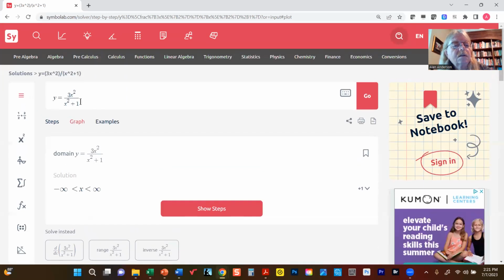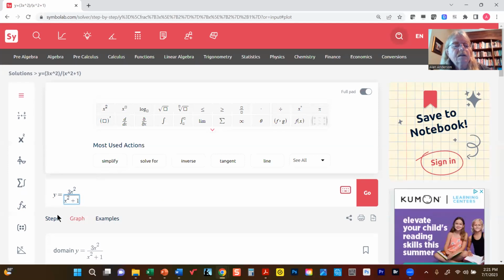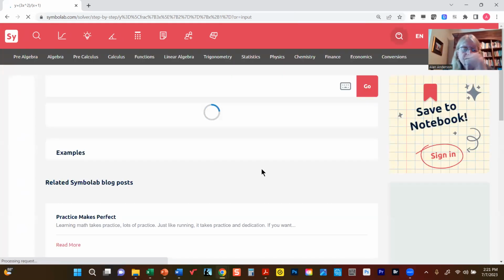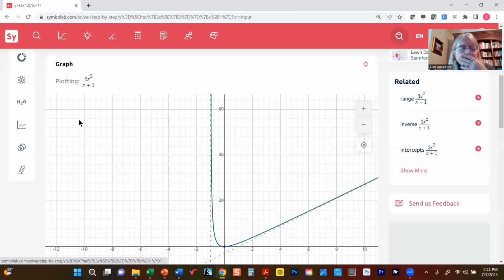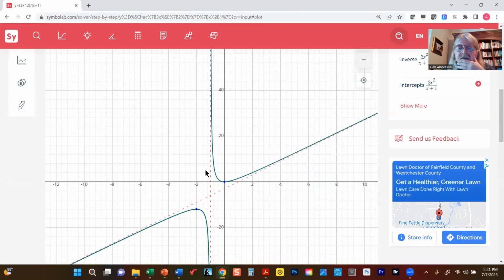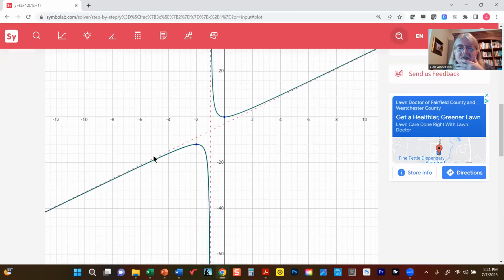I'll change it right here. Now that's a strange function.